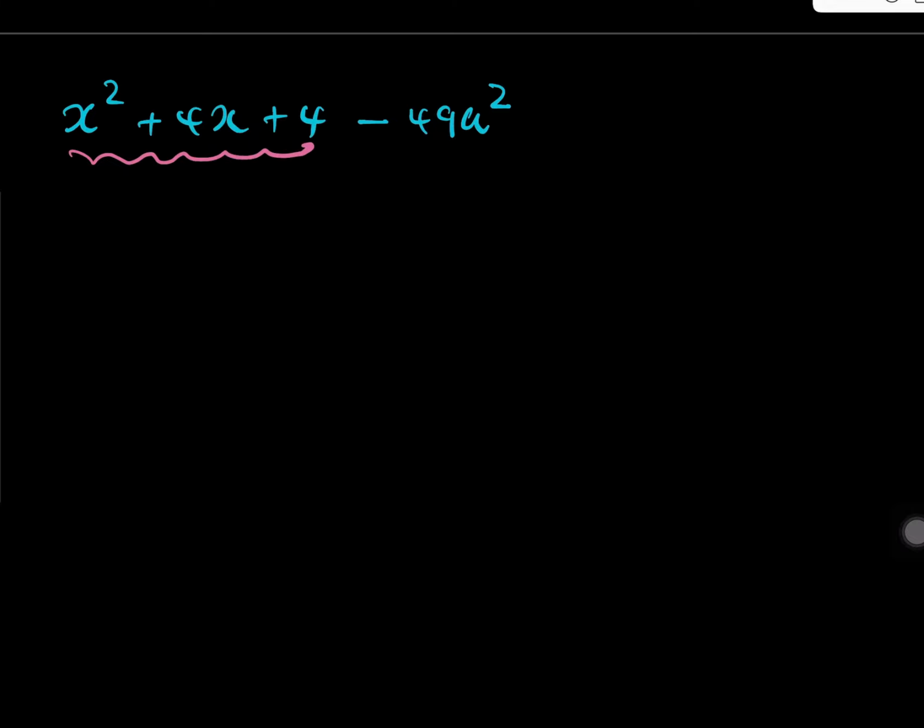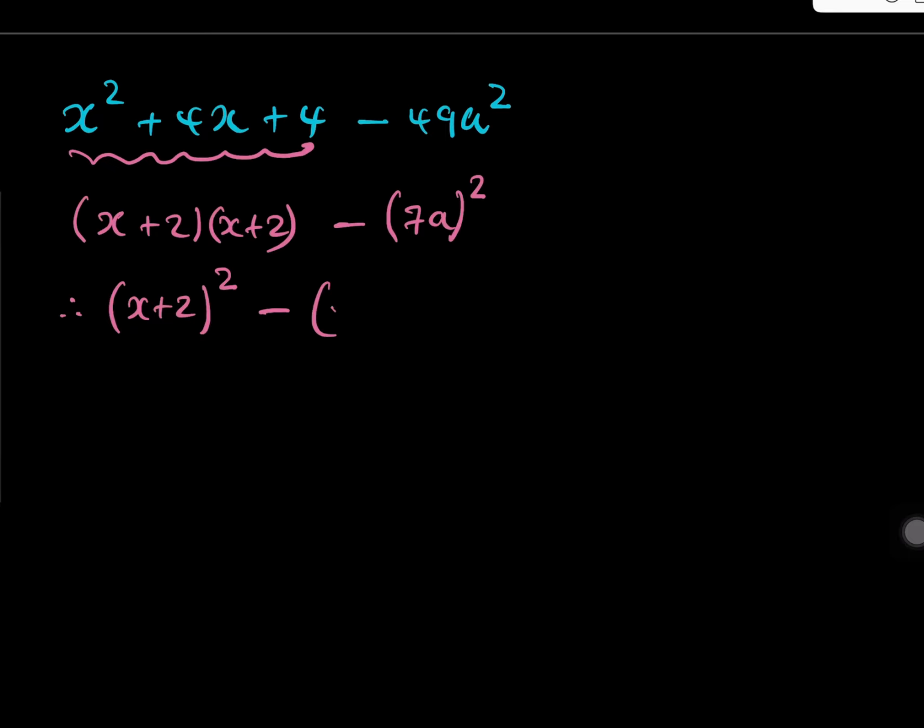Let's check how we do that. I'm just going to factorize the first 3 terms, and that is going to be (x plus 2) into (x plus 2). Just be very careful right there. Then minus, if you observe this with a bird's eye view, you will see that it's the same as 7a, and then you square that. So this becomes (x plus 2) squared minus (7a) squared, a beautiful difference of two squares.